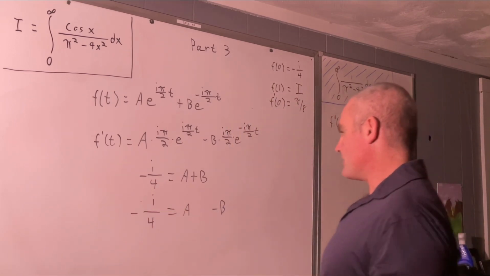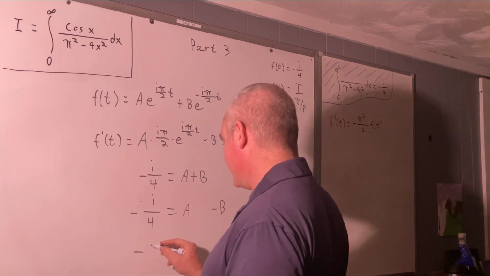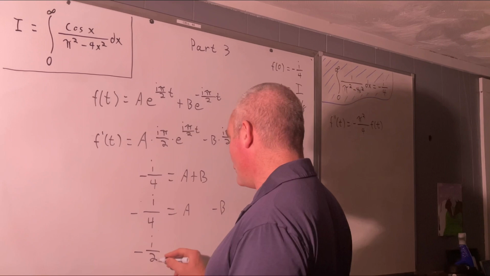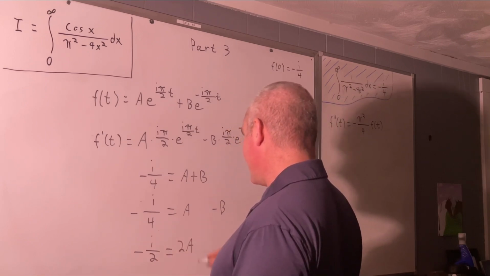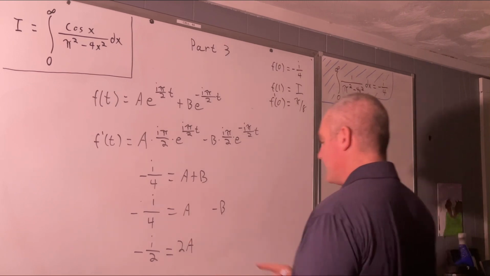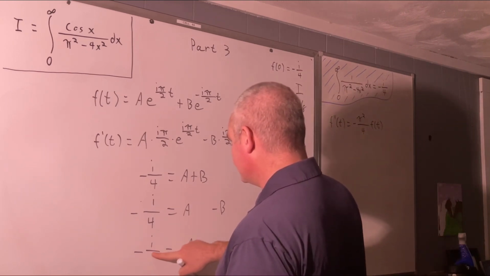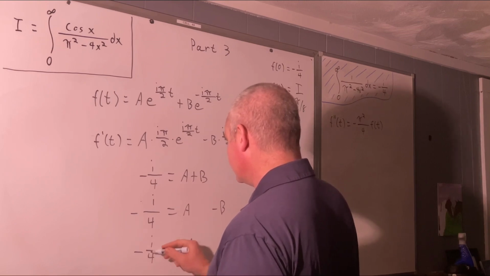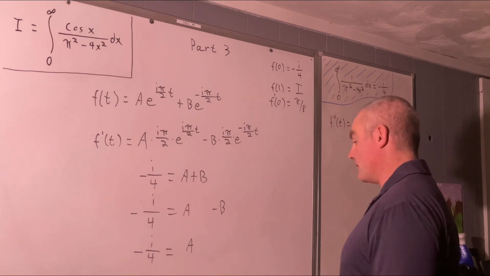Adding these two equations together, you will get negative i over 2 is equal to 2a. So a is equal to negative i over 4. If a is negative i over 4, I hope it's obvious that b would be 0.